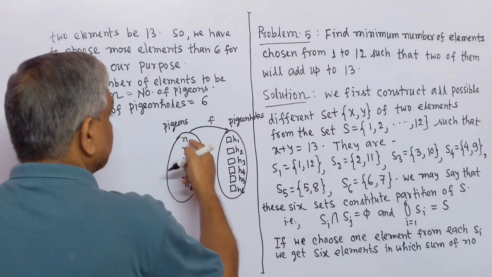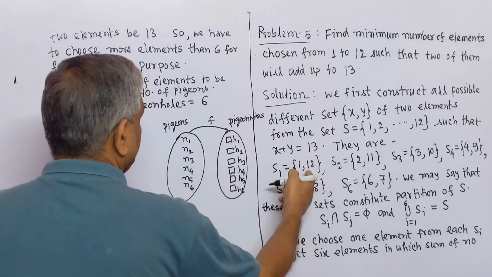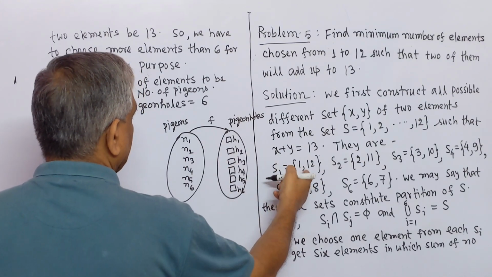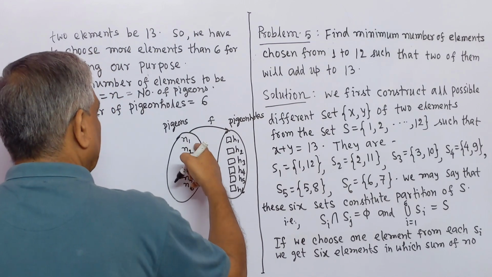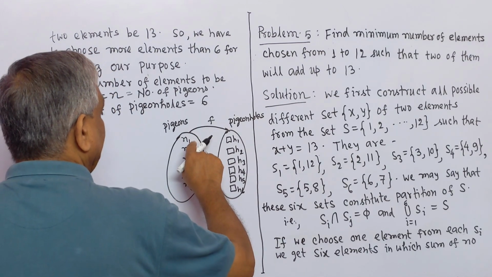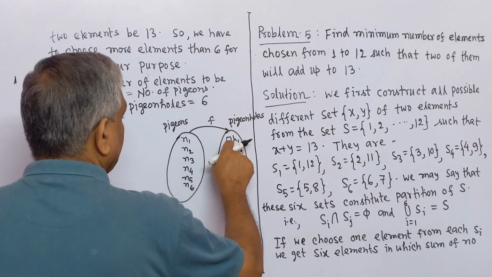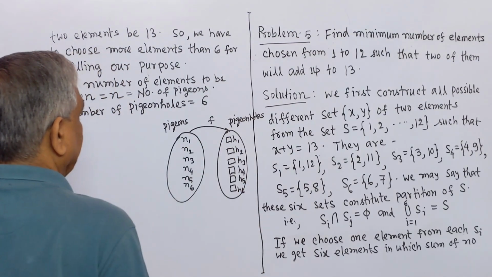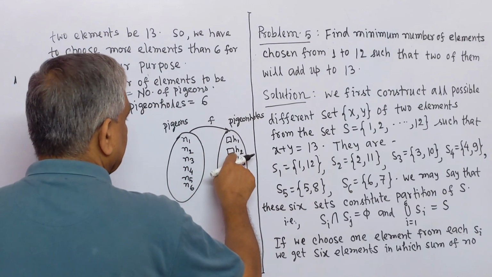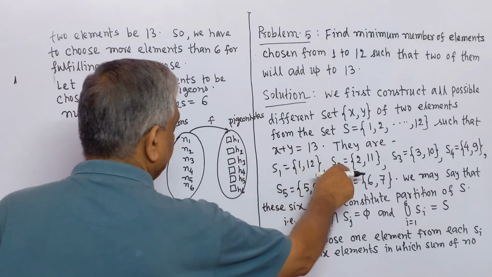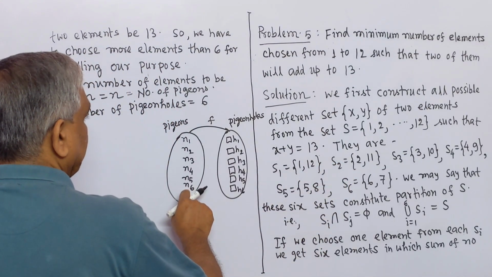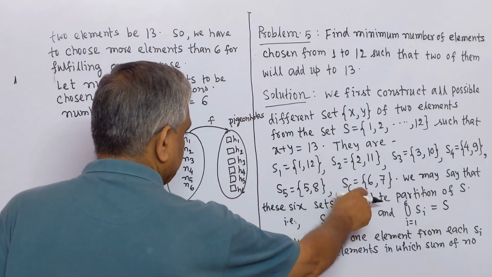Let n1 belongs to S1. One element is taken from this, and without loss of generality, let image of this lie in H1. Similarly, n2, image of n2 lies in H2. n2 is taken from S2, and in this way n6 is taken from S6.